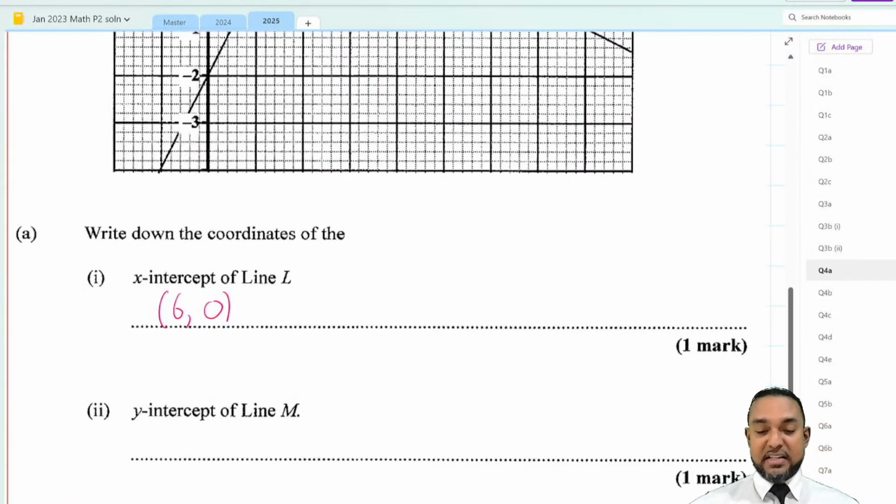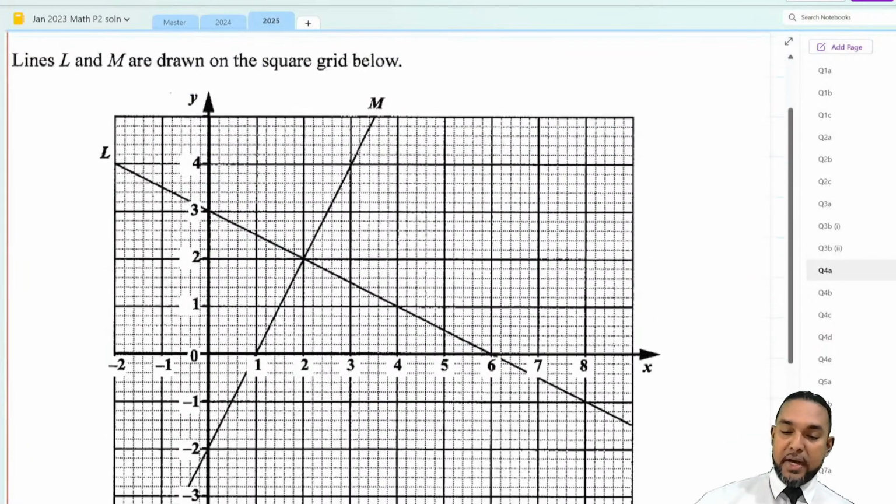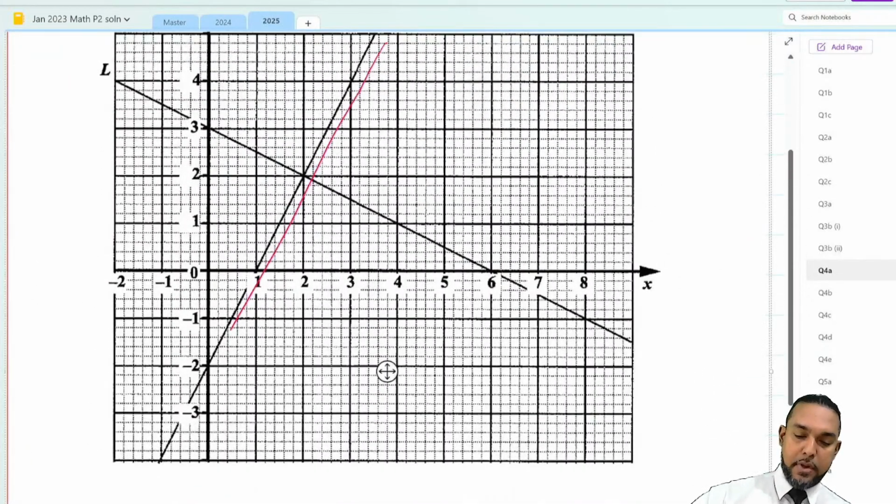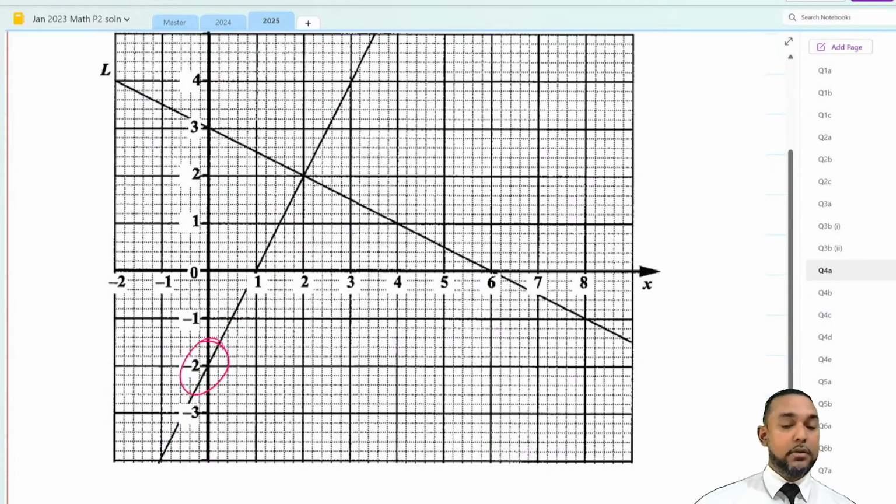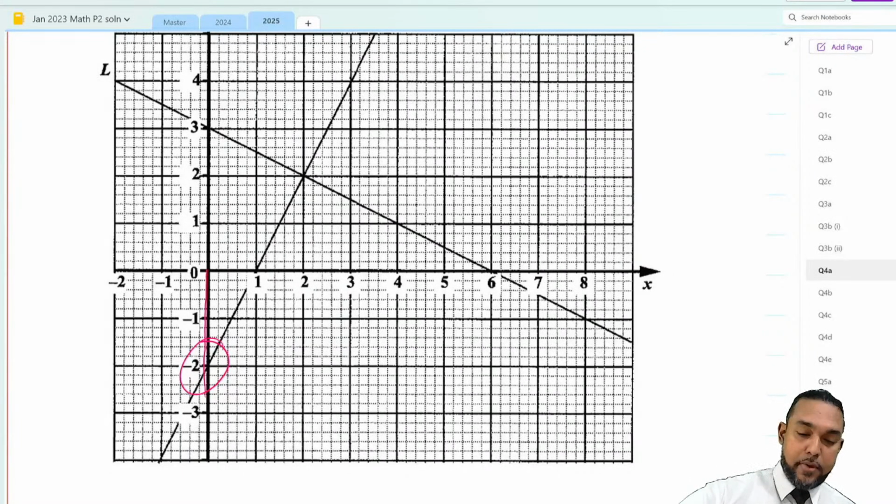Right? The y-intercept of M. So the y-intercept of M is this point here. So what's the y value there? Minus 2, right? And the x value is 0.